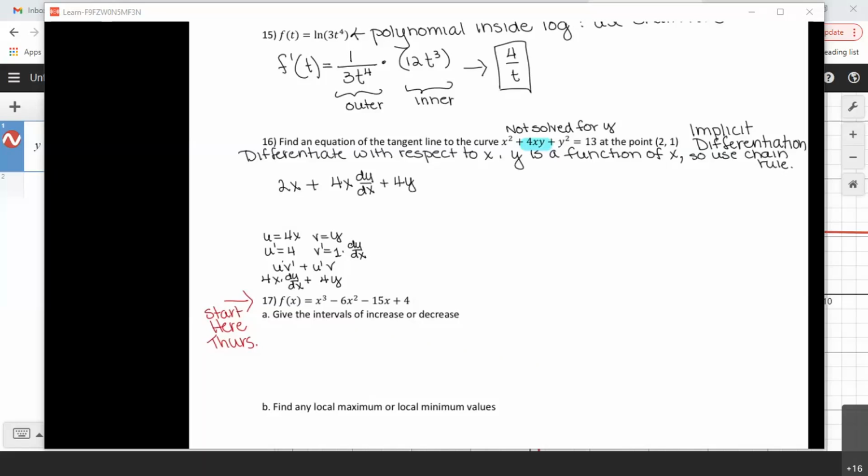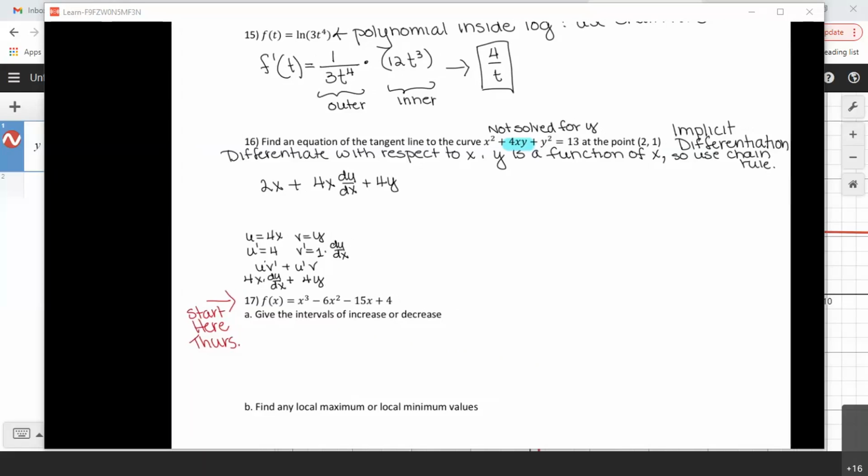The last term is y squared. It's a composition, so I'm going to first take the derivative of the outside, that's 2y, and then multiply that by the derivative of the inside function, which is dy dx. So you can see all of the terms that had y's in them generated a dy dx.